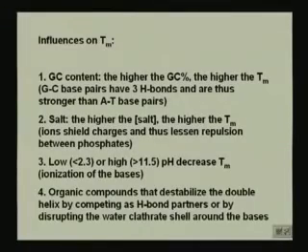Then we have organic compounds. Organic compounds can act in different ways. One thing is they can intercalate between the bases, and what are they going to do? They are going to disrupt the stacking interactions.